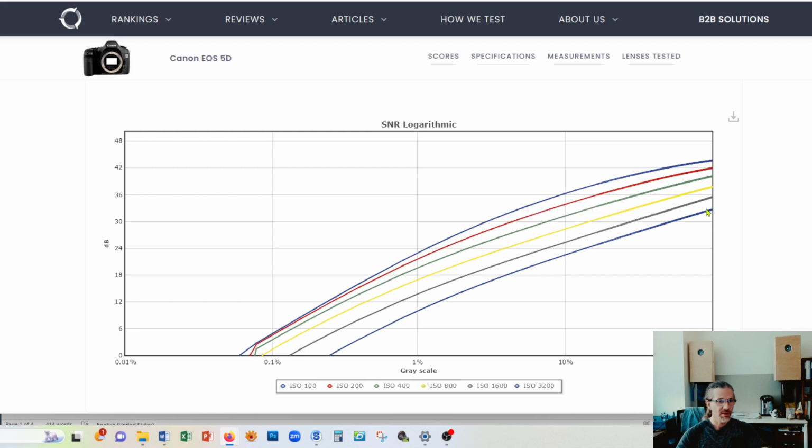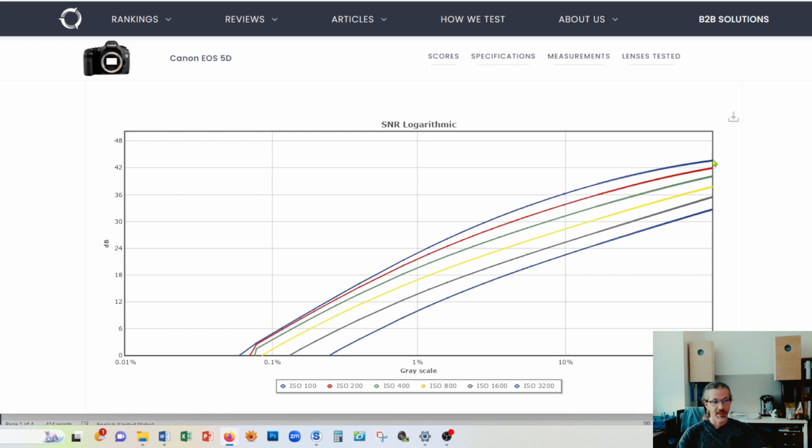So you see here, with 3200 ISO, we have 32.5 dB signal to noise ratio peak tops when it gets the most sensor, the highest contrast scenario, 32.5 dB information.